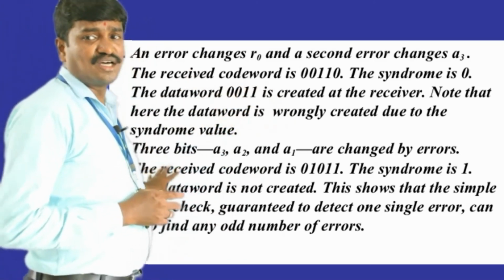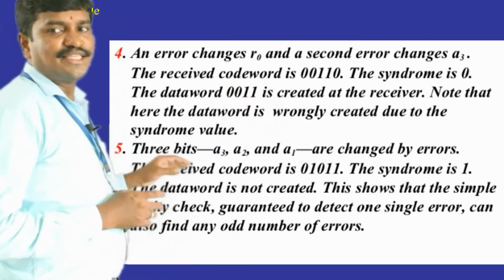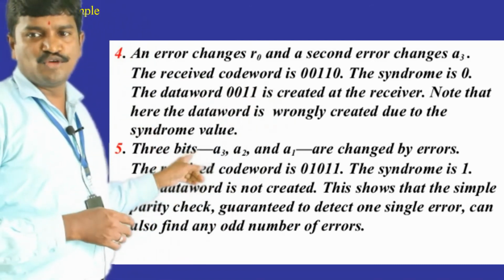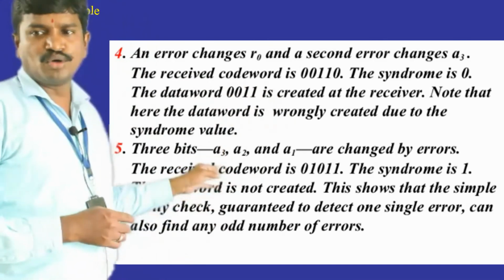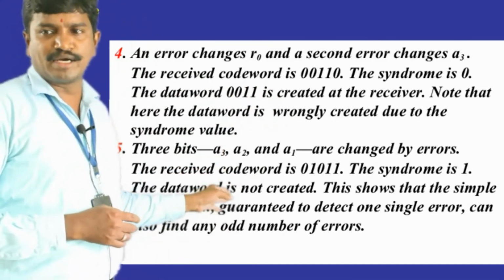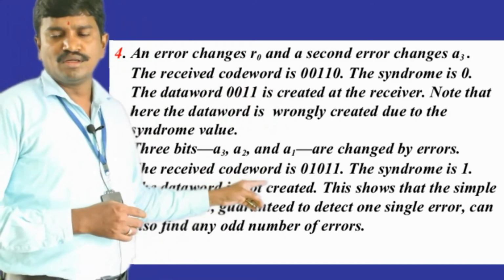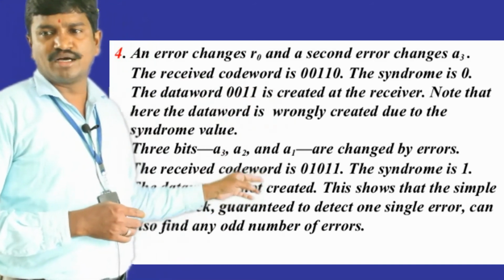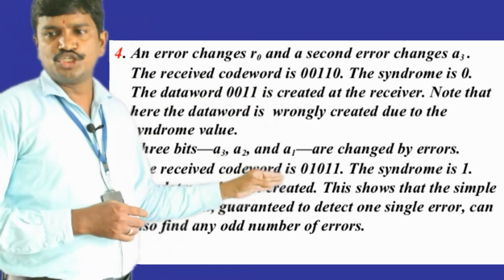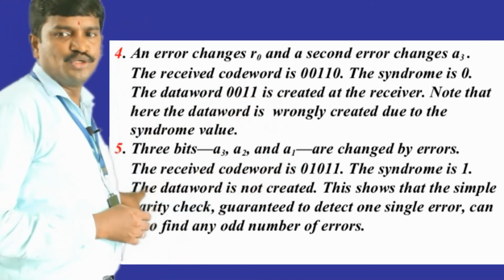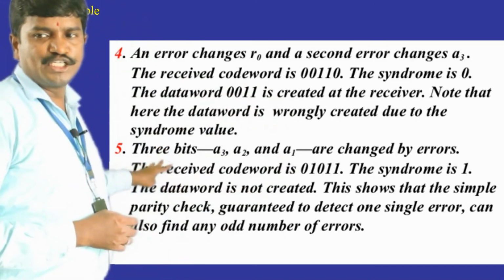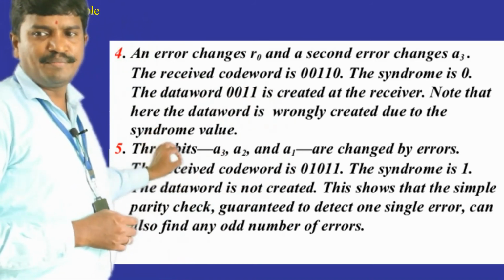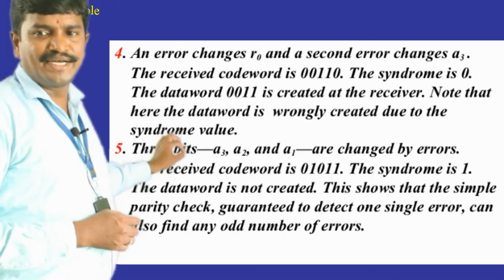But if you go with the last case, 3 bits are changed. If you observe in this case, A3, A2, A1 are all changed. Now the received code word becomes 01011. So the syndrome value is 0. When the syndrome value is 0, the data word is not correct, but the checking guarantees that only single bit errors can be caught.